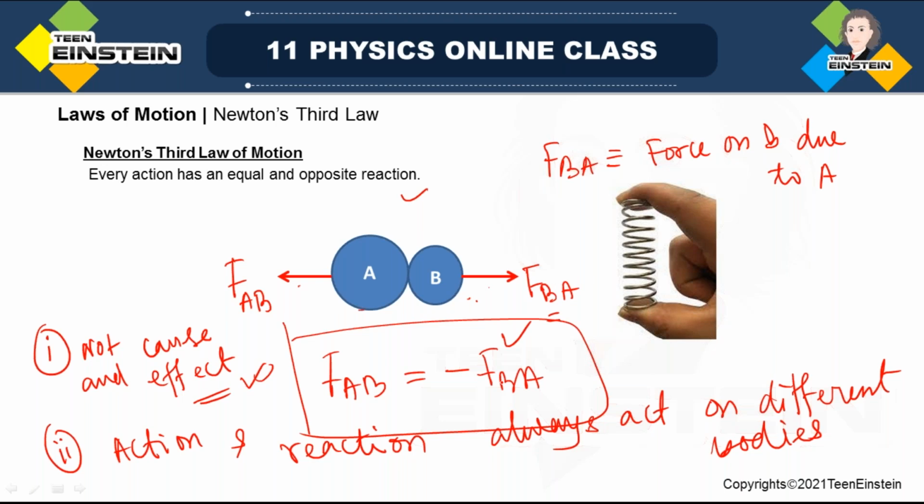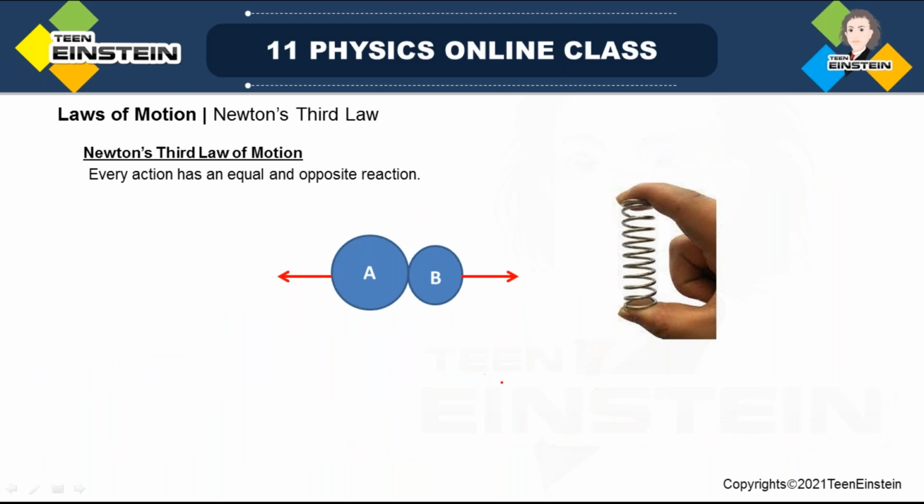So the third point was they cannot cancel each other. Okay. So what is action? I'll write once again. Action and reaction are not cause and effect.